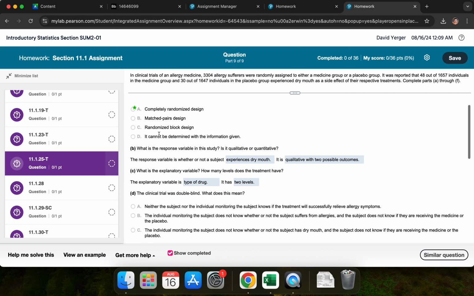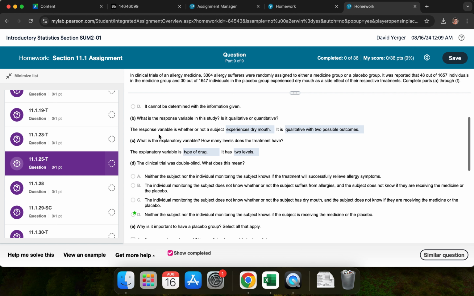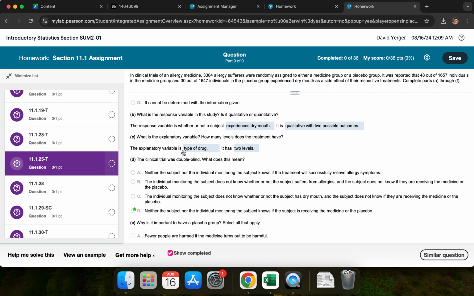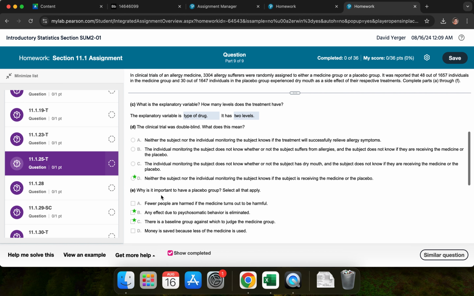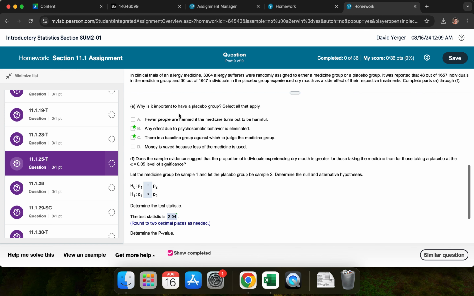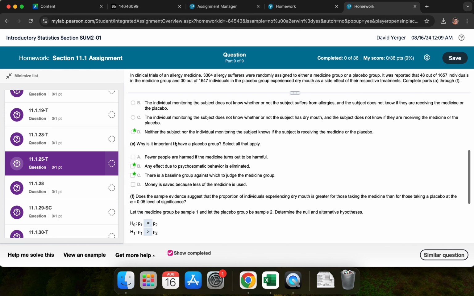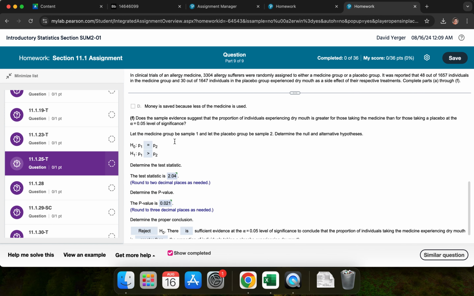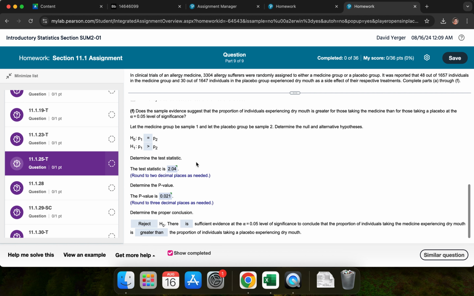Okay, so this one's completely randomized, and it's asking about variables as well. Lots of different things to answer there about experimental design. I want to show you how to use the Excel file. So here is where it starts the stuff with the hypothesis test.